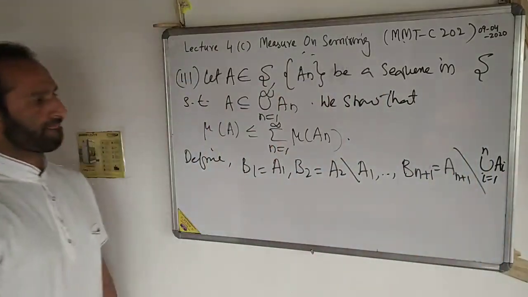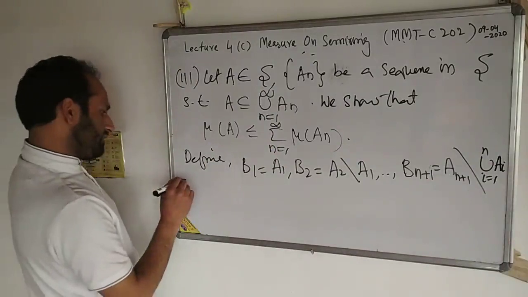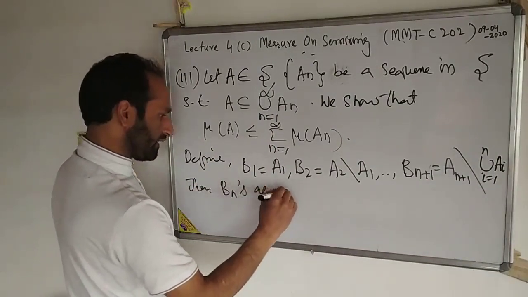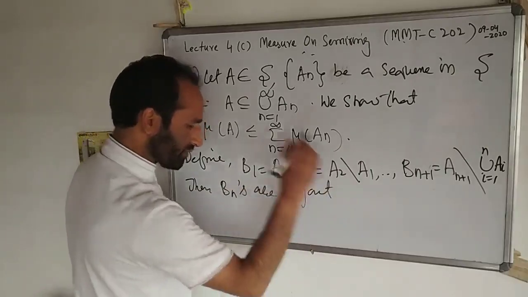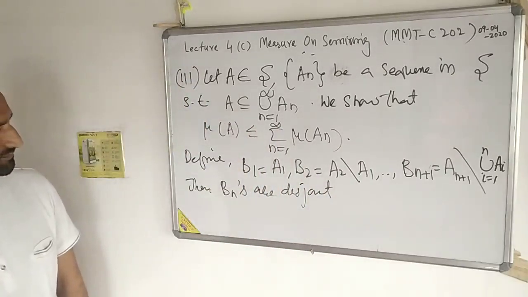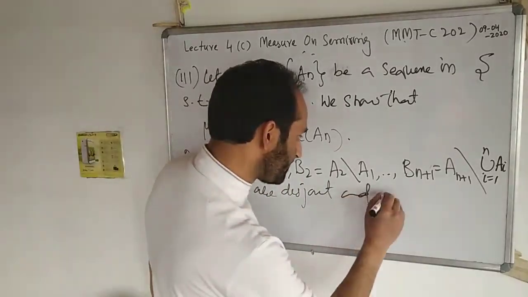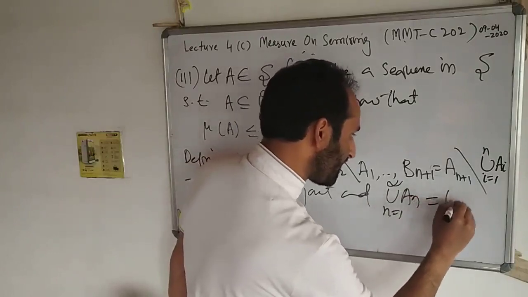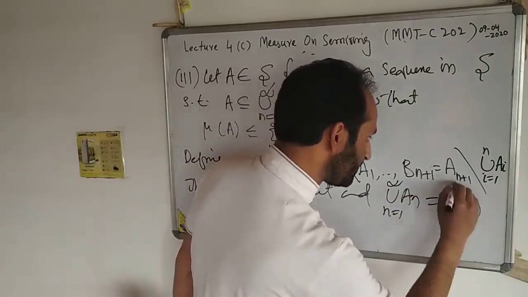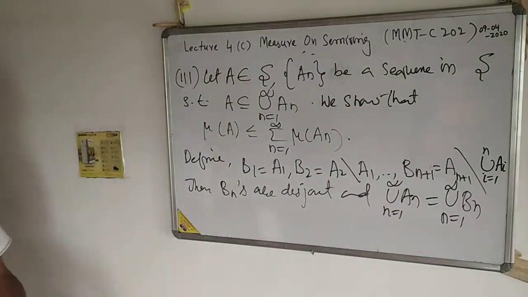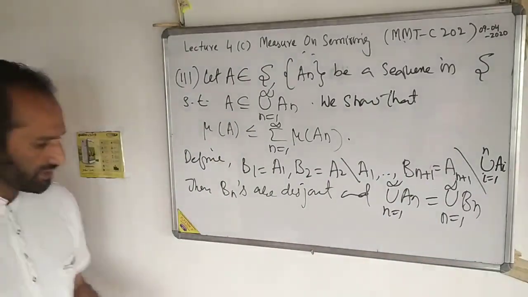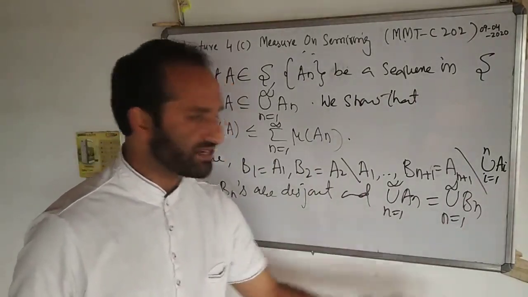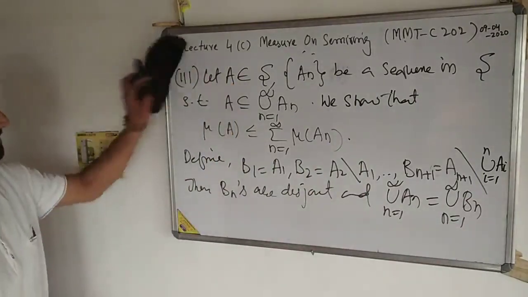Then the Bn's are disjoint. And one more thing is that the union of An, n runs from 1 to infinity, is the same as the union of Bn, n runs from 1 to infinity. That's important. The union is the same, but now the sets in the union on the right hand side are pairwise disjoint.